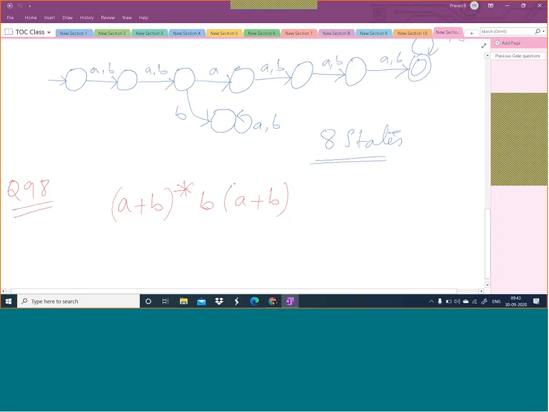Teja, how do you say 4 states? No. The expression is not correct.